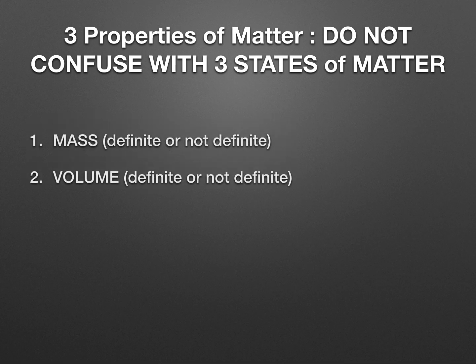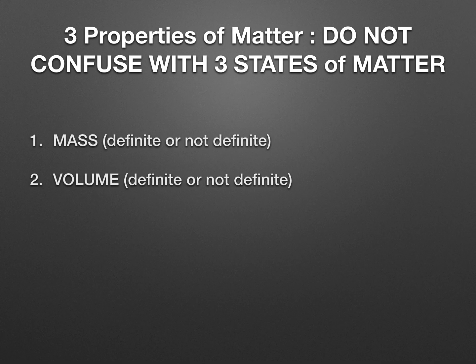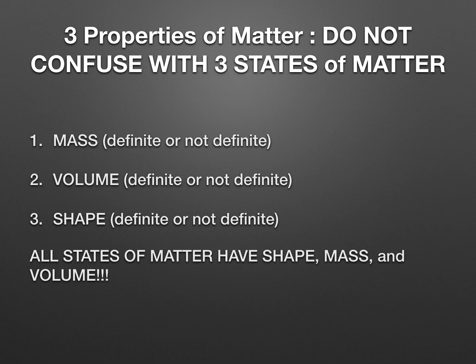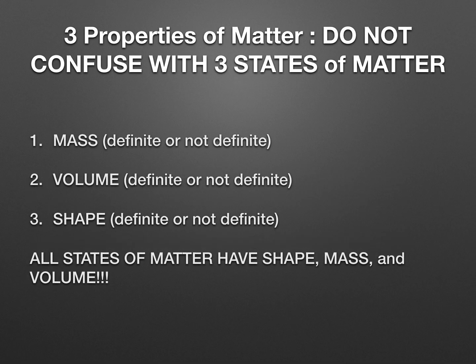The second property is volume. That also will be definite or not definite, depending on the state of matter it's in. And the third property of matter that all matter has is shape, which would be either definite or not definite. Remember, it is depending on what state of matter it is. Keep in mind, all states of matter have shape, mass, and volume.